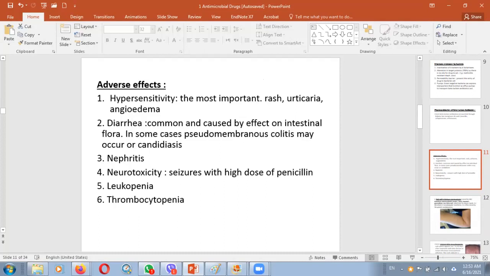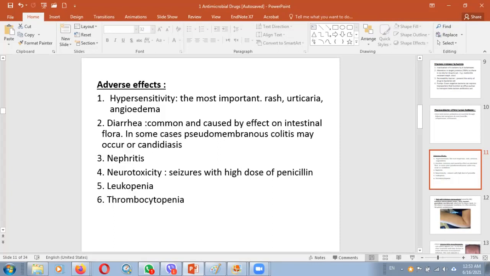You know, I think you have been taught in microbiology that antibiotics affect the intestinal flora and make great disturbance in the intestinal flora, and thus would result in diarrhea. In some cases, pseudomembranous colitis may occur, or candidiasis.